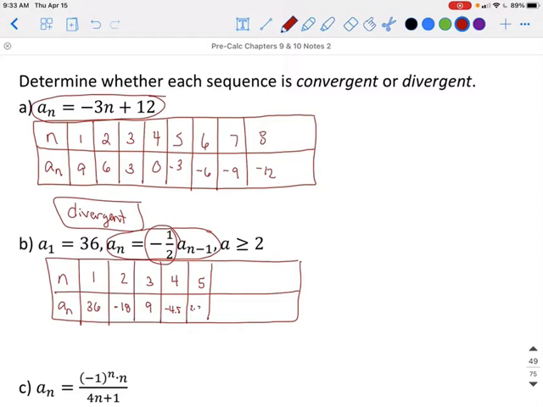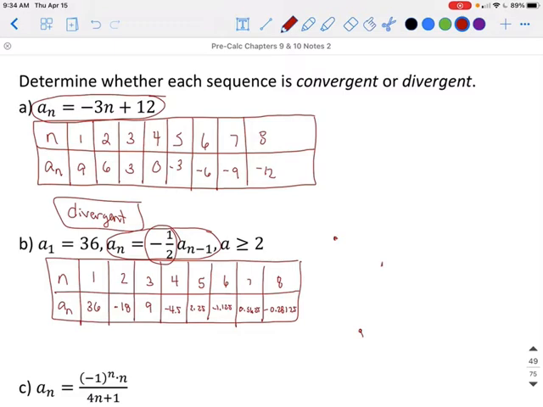At 5, we're going to be at a positive 2.25. 6, we are going to be at a negative 1.125. For 7, it'll be a positive 0.5625. And at 8, we will be at a negative 0.28125.